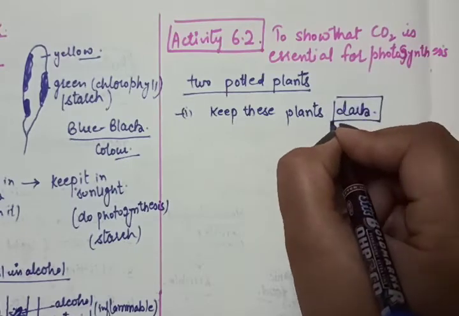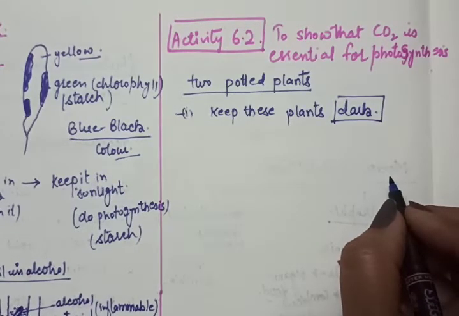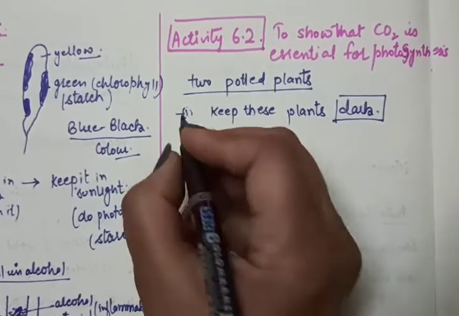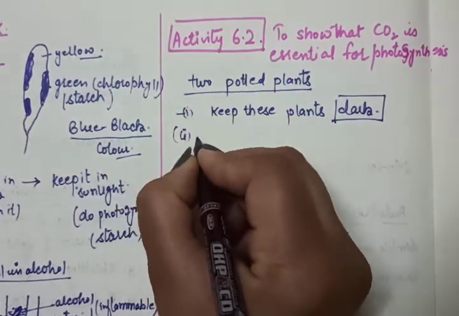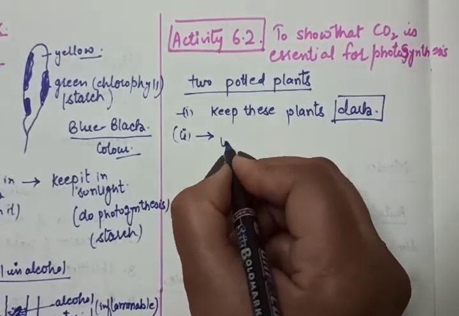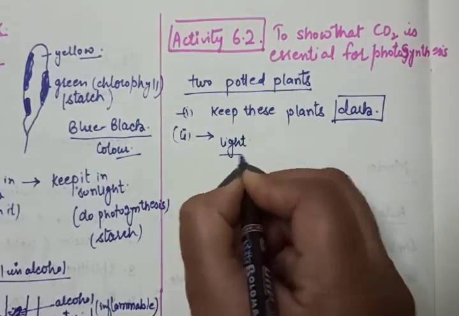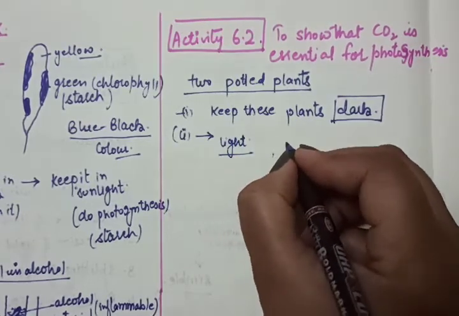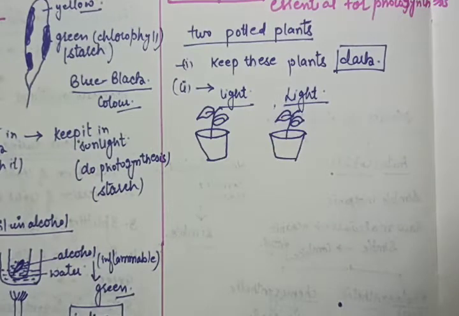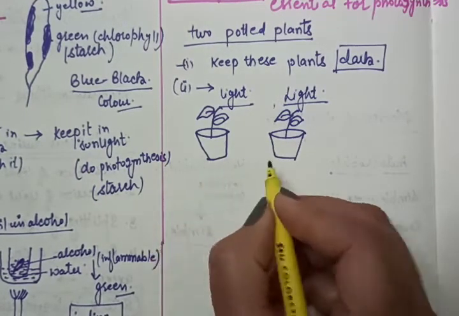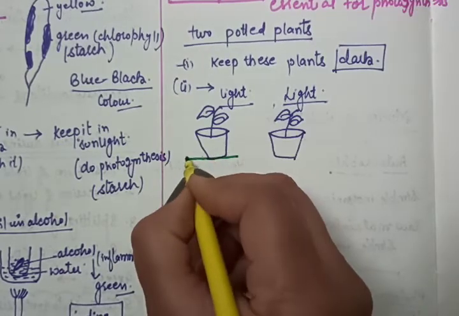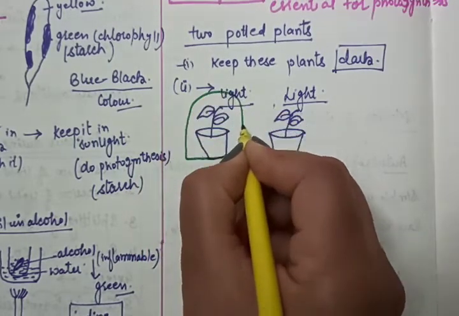Why keep them in dark? To de-starch them so that the stored starch gets used up. Second, we will keep both the potted plants in sunlight, and cover both the plants with a bell jar.